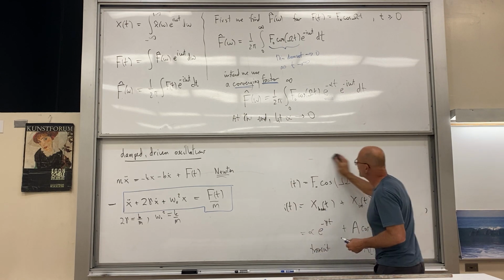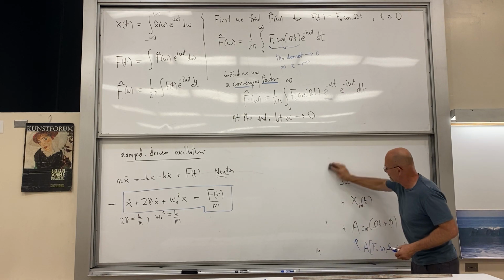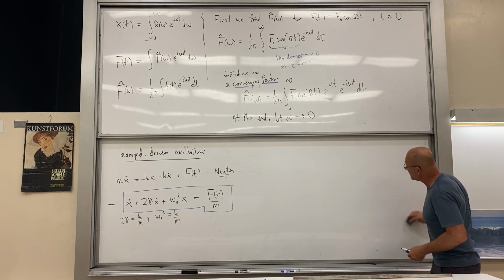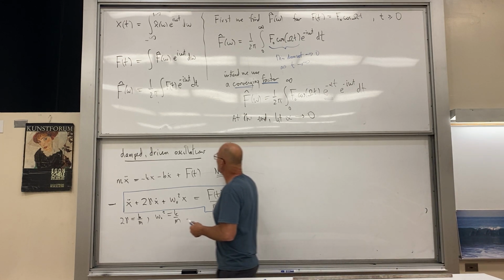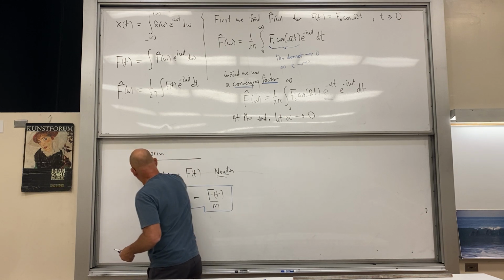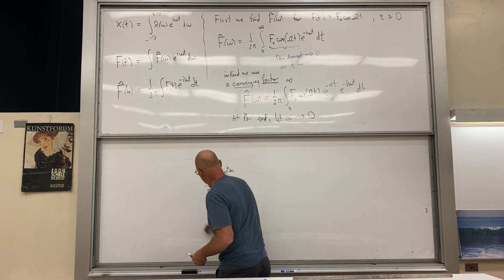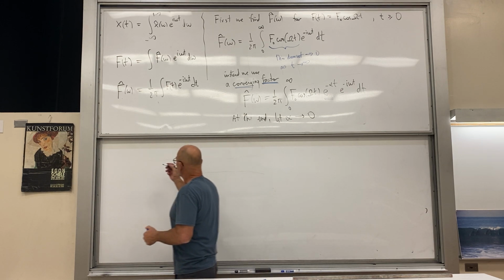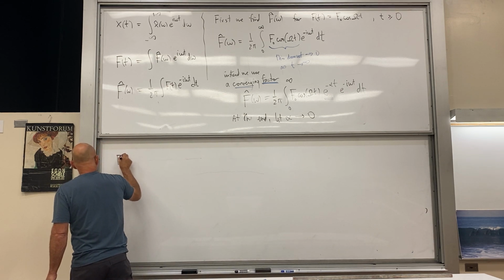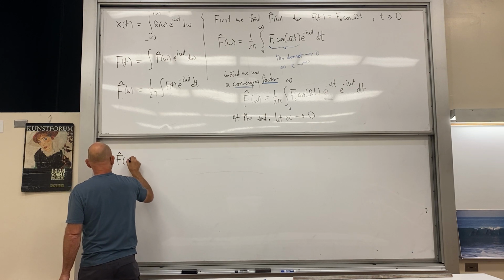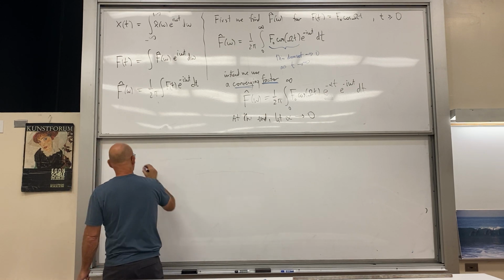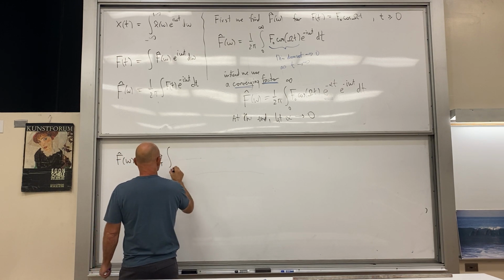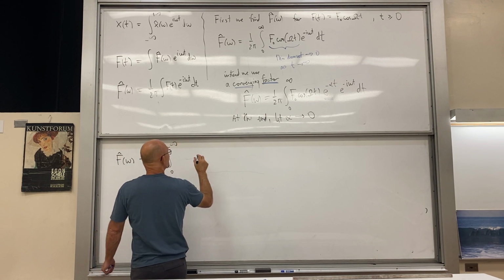Let's see what happens here. Okay, so our integral looks like this now. We have f hat of omega equals 1 over 2 pi, integral from 0 to infinity.